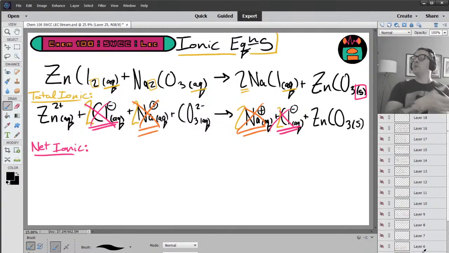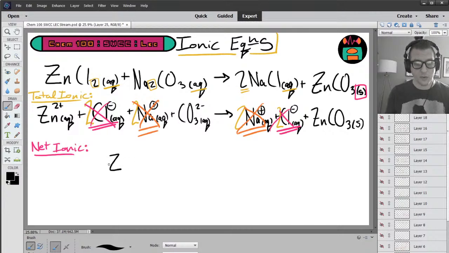And even though we do have zinc on the product side and reactant side, and we have carbonate on the reactant side and product side, they don't cancel because they've changed. They went from being dissolved in solution to being a solid compound together. So because they've changed, they don't cancel out.